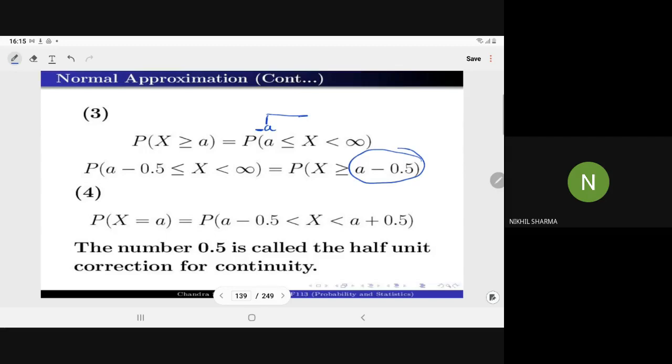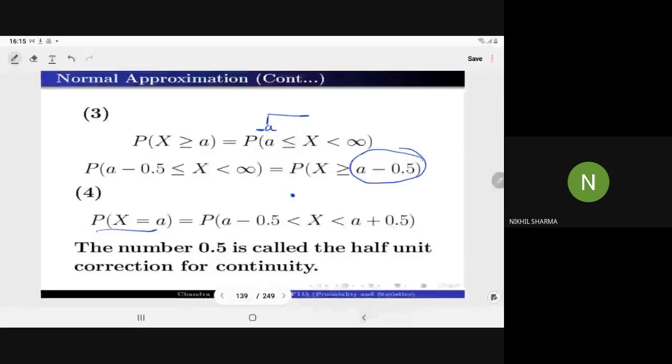Point probability for the discrete is valid. Point probability in case of the continuous is equal to 0, but in case of the discrete, point probability may be non-zero. So when we have to compute the point probability, meaning probability for this point, you have to subtract 0.5 and add 0.5.